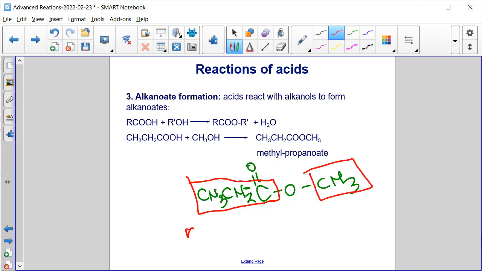So we name that first, methyl. And then we have a 1, 2, 3 carbon parent chain. So this is propan. And then because we have this double bond O, single bond O structure, this is an OATE because it's an alkanoate. So we formed methyl propanoate in this case.